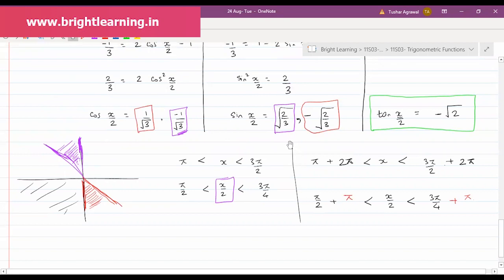So for those who have understood how x by 2, the half angle, can be in the second quadrant or in the fourth quadrant, if you have understood the complete explanation, write in the chat box. Yes, understood. That is UD, you write. Just 2 letters, UD, understood. I want a response.